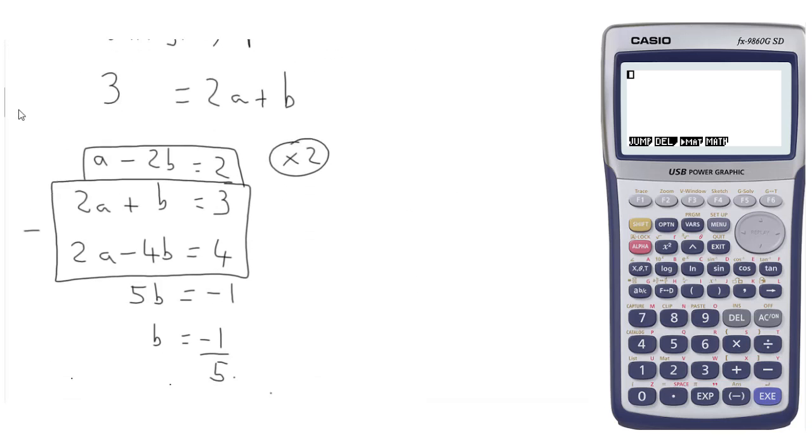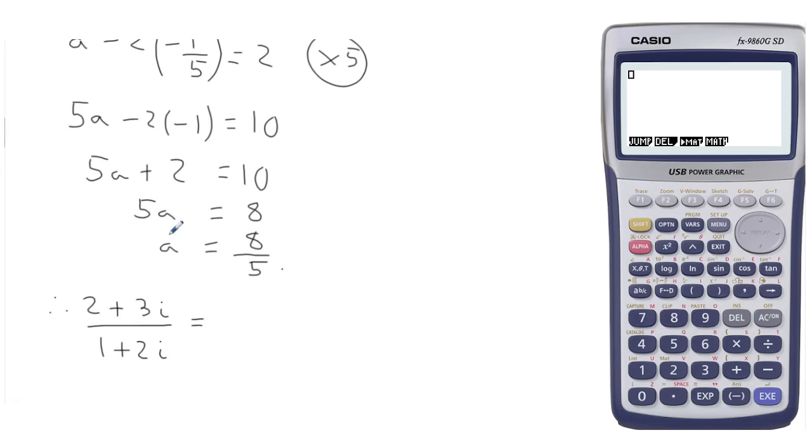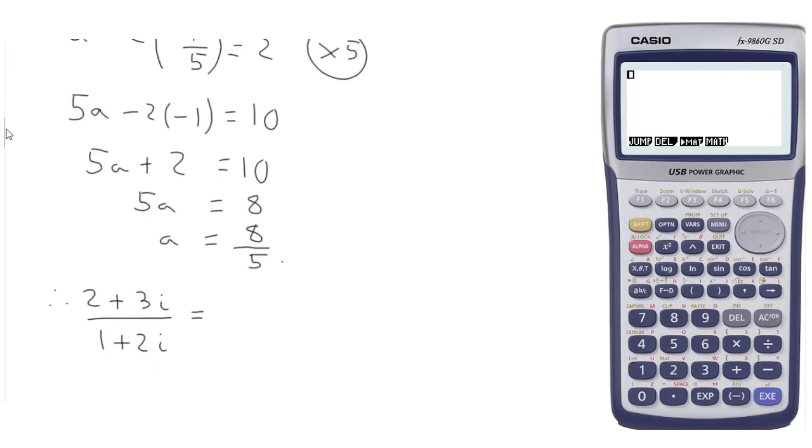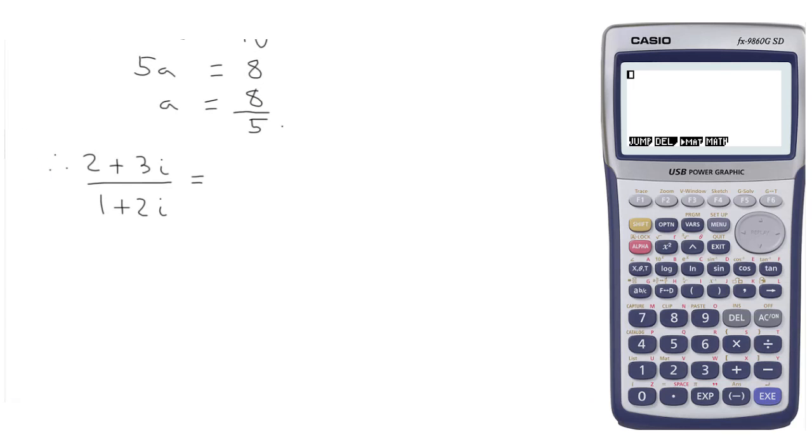We've now worked out the value of a and the value of b. a is 8 over 5 and b is minus 1 over 5. So it's 8 over 5 minus 1 over 5i. Okay, so that is our answer.